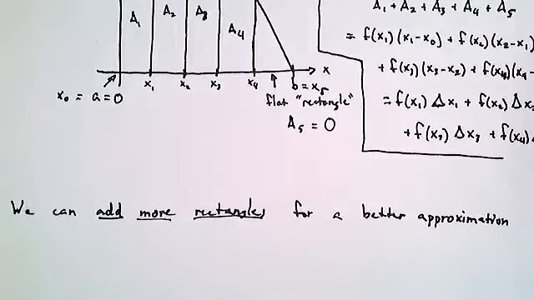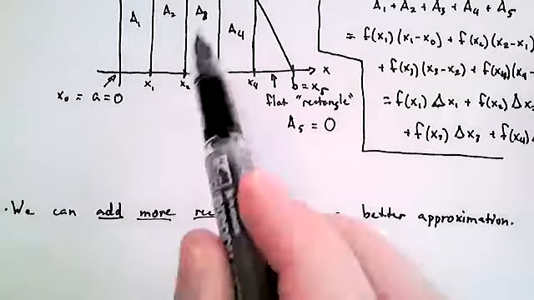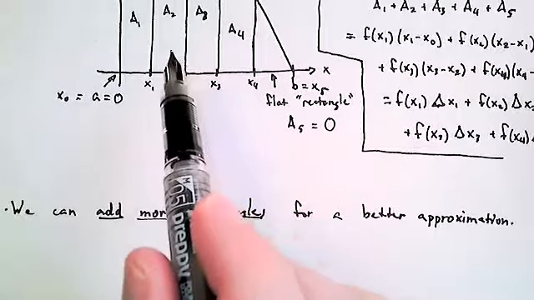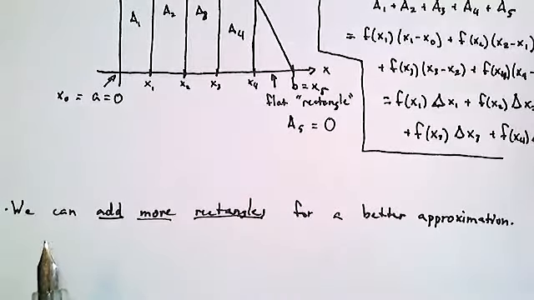Let's see, did that actually fit in? Yes, perfect. Okay, so this idea of dividing into rectangles and then adding more and more rectangles for a better approximation is what led to the idea of an integral.